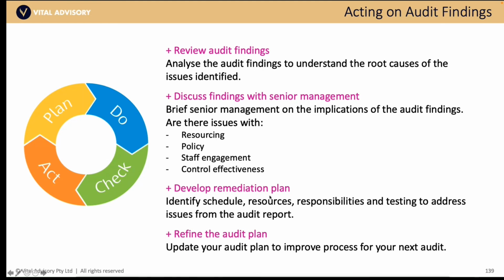You need a remediation plan, schedule, resource, responsibility, test program, etc. And you may want the auditor to update their audit plan so that those processes that were reviewed last year, maybe they review them again, or maybe they can dig deeper or something like that. I know I've got some clients that are keen for me to spend more time on some things in each audit rather than just spend a little time across a wide range of things. So, maybe the audit process improvement fits in here as well.